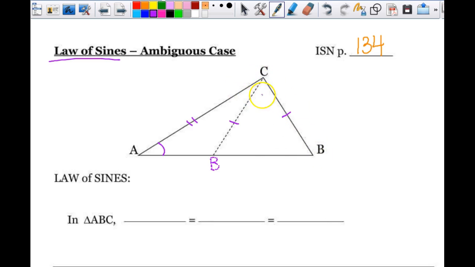And since this angle doesn't get anchored down, it could swing in either direction, so you could have more than one answer. That's why we couldn't use it for congruent triangles, because it wasn't a for sure thing. Yes, it's possible that they could be congruent, but not necessarily. And in this case, it may not even make a triangle, so we may have a 0, 1, or 2 type of situation here.